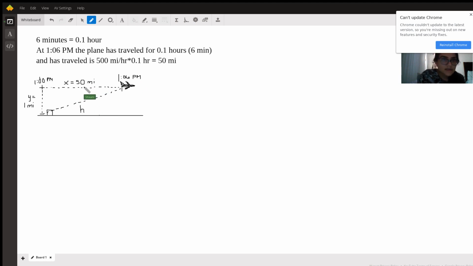Now, this problem involves related rates. We know that dx over dt, the rate of change of the horizontal distance over time, is the speed of the plane, which is 500 miles per hour.